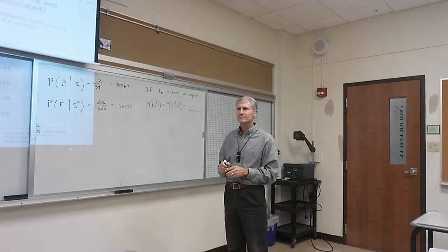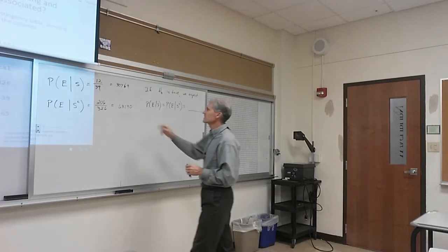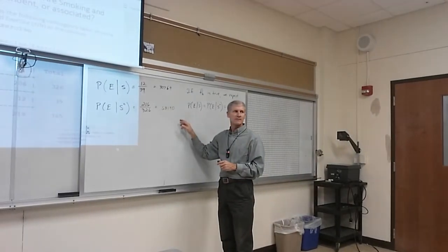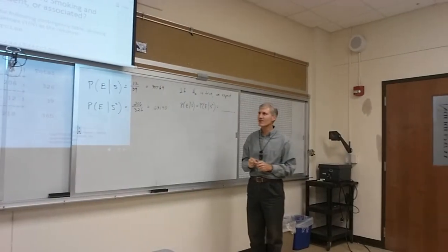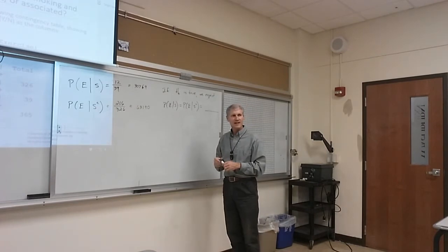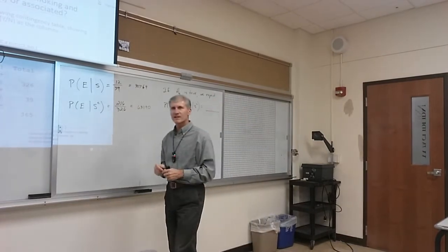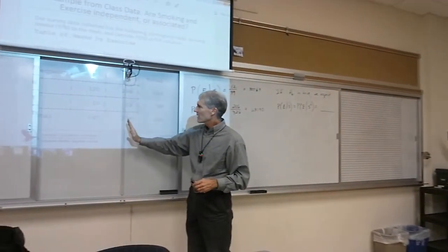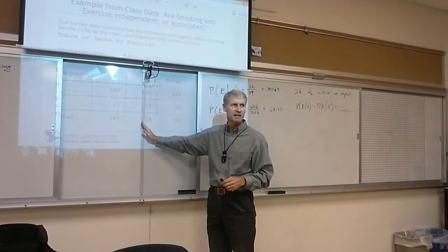No, I wouldn't expect it to be 0. I wouldn't expect it to be 0.5 necessarily. That's usually the first guess, 0.5. But how many people exercise in this data?